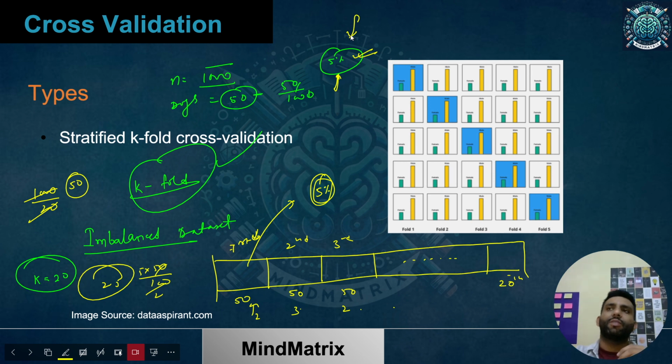Because if it is 1 image over here or 10 images somewhere else, there will be a huge variation in my results, and that can be an issue. So stratified k-fold cross validation helps in the case of imbalanced data sets.